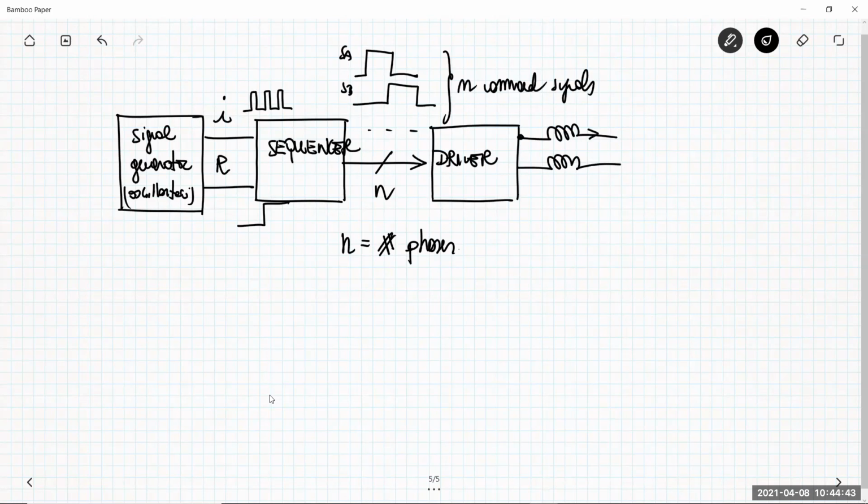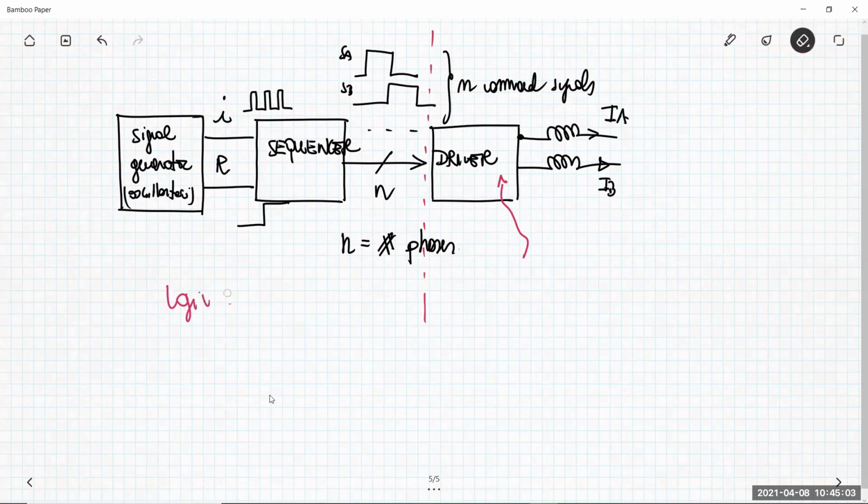For example, you have the phase A, so we have a current IA, this is the phase B, etc. So the driver is the specific circuit. Up to this point here, we have just logic signal. Logic signal means low power signal.